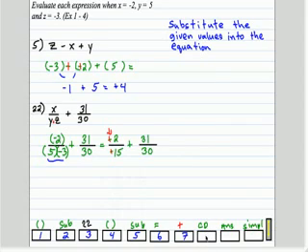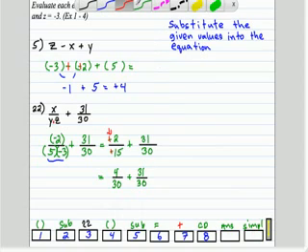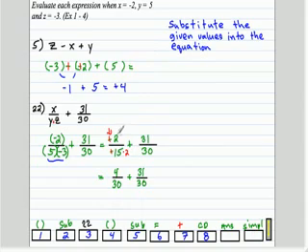Well, if I'm adding fractions, I have to have a common denominator. So my common denominator is 30. And to get that, I multiplied the 15 times 2, the 2 times 2, and I have 4 over 30 now, plus 31 over 30. So my answer is going to be, drum roll please, 35 over 30.